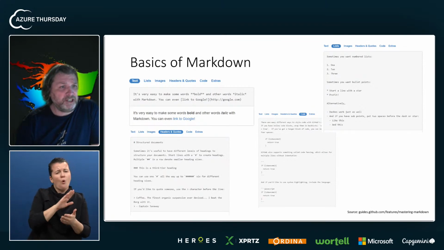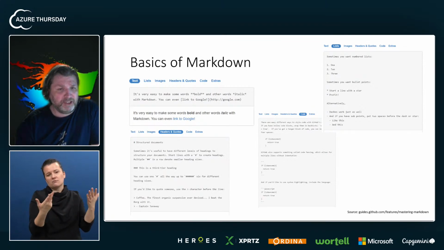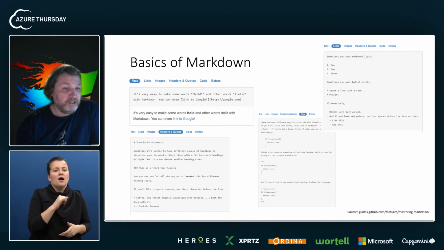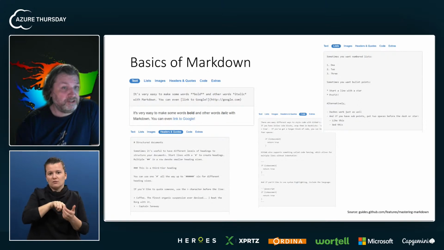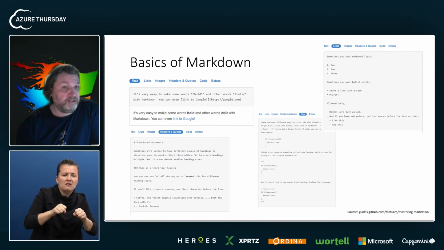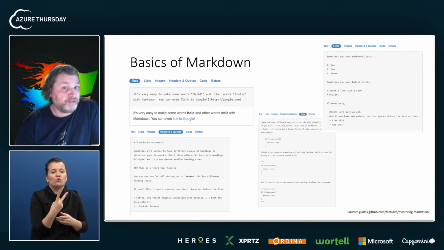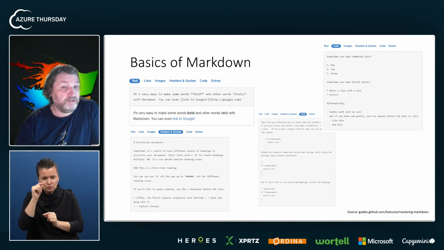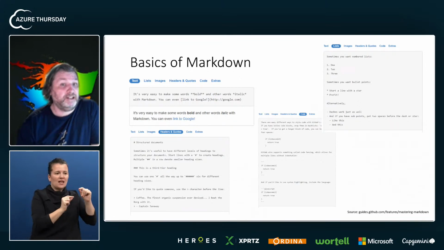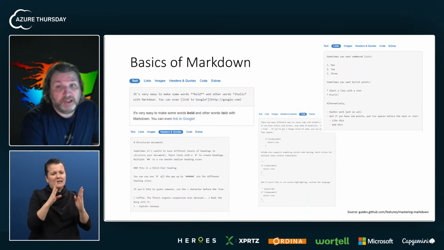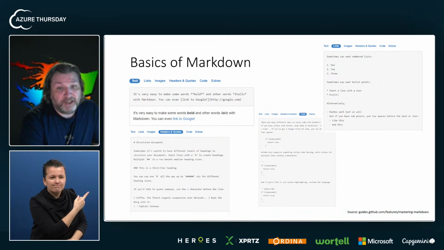There are some basics. I take it from the GitHub Mastering Markdown. What you can do very easily, you have a text document, and you do, for example, 2 stars, then your word, and again 2 stars, and you get it bold, or you do 1 star and the word and another star, and then you get italic. You can do many things like that.